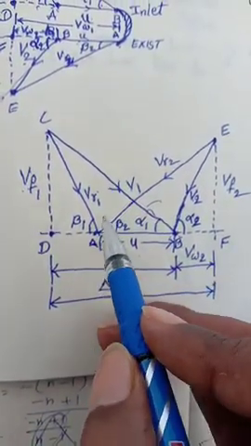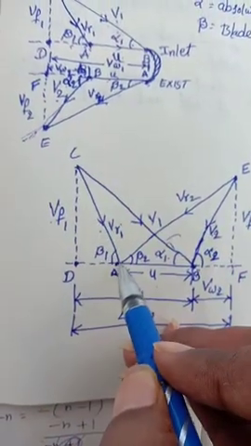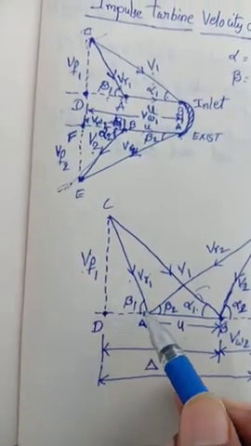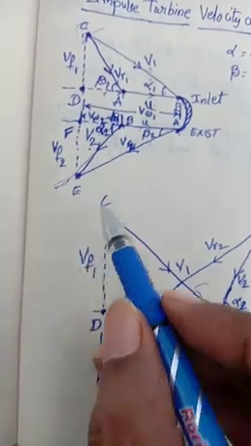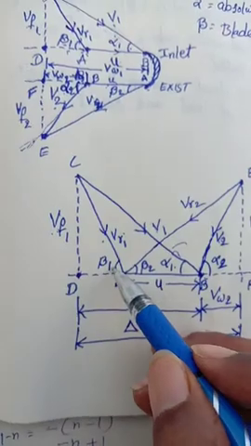Now we draw one vertical and one horizontal, and instantaneously VF1 comes, called flow velocity, and here beta 1 is the blade angle.